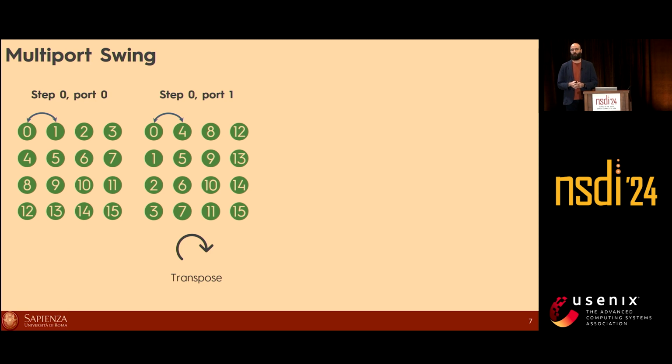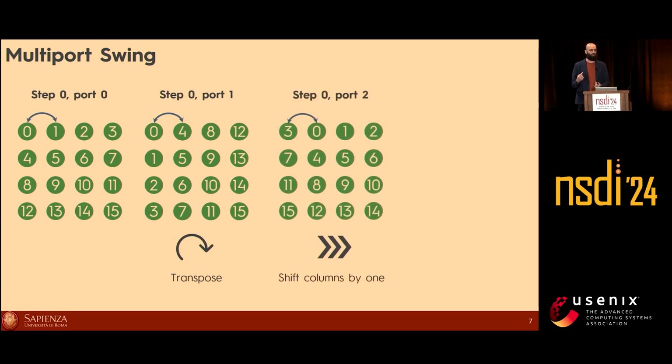To use the second port, we consider a logically transposed torus. So we are not actually going to transpose the physical connection of the torus. It's just that logically, we assume that we inverted the rows with the columns. So now our right neighbor will be node 4. So we are using also the other port. How to use the remaining 2 ports? We shift the columns by 1. So we consider, let's say, a rotated torus, so that now 0 will communicate with its left neighbor, which is 3.